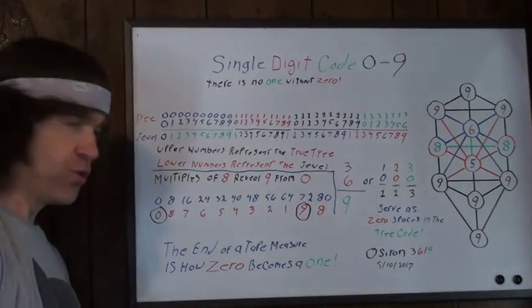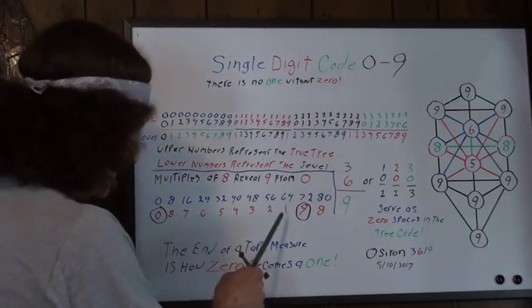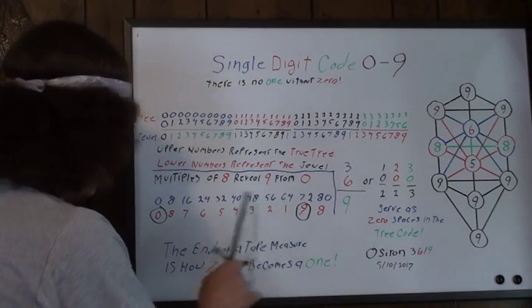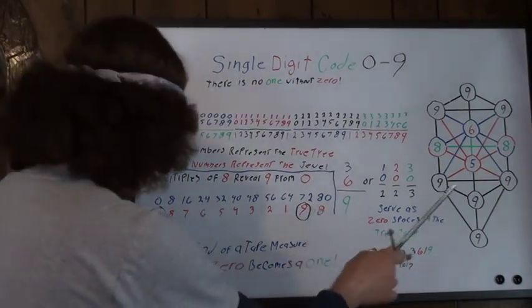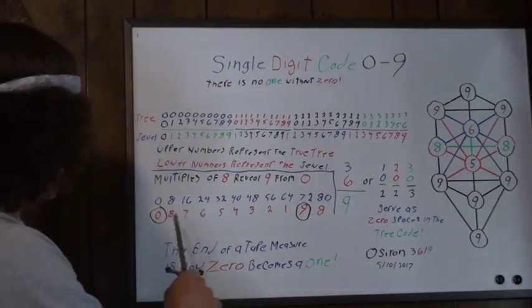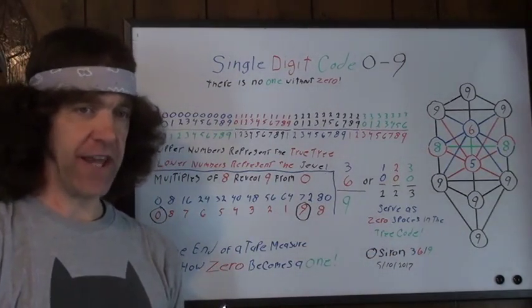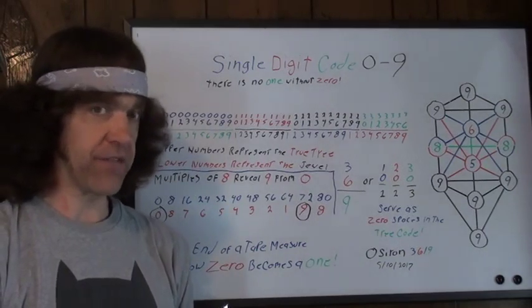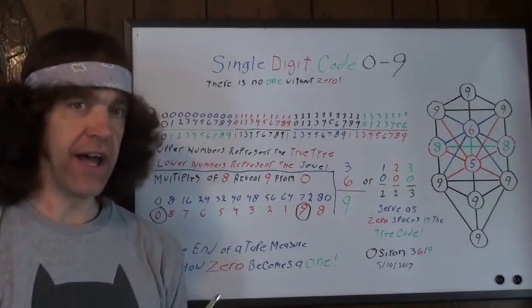Well, those reduce to 0, 8, 7, 6, 5, 4, 3, 2, 1, and then 9 appears out of that in the spot that would have been 0. And then it continues again, 8 on down. So this shows the beauty and the magic of 9, and how 9 honestly comes out of nowhere. It comes out of nothing, because we're using multiples of 8 to do that.